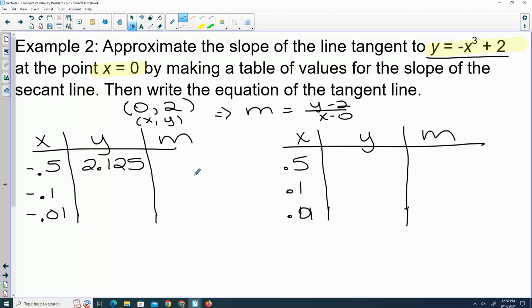Alright, and then our slope, y2 minus y1 over x2 minus x1, or 2.125 minus 2 over negative 0.5, and we get negative 0.25.